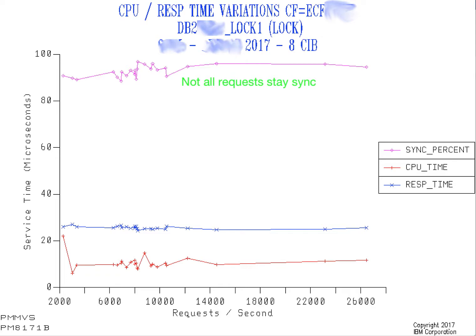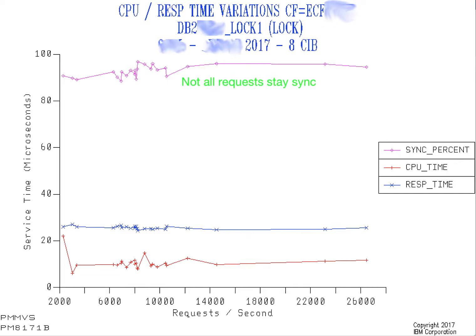Firstly, I know jolly well, because I understand DB2 data sharing to some extent, that a LOCK1 structure doesn't always have its requests issued sync by IRLM, which owns the structure. The other thing though, and this is quite likely to be the case here to some extent, is the dynamic heuristic for converting from sync to async requests has kicked in, and sometimes we're getting some requests going async that were issued sync in the first place.